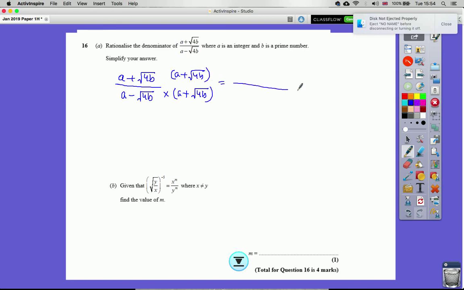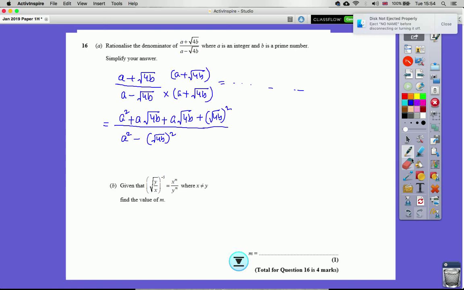So in the denominator, I'm going to get a square minus square root of 4b squared, and in the numerator I will get a square plus a root 4b plus a root 4b plus root 4b squared.